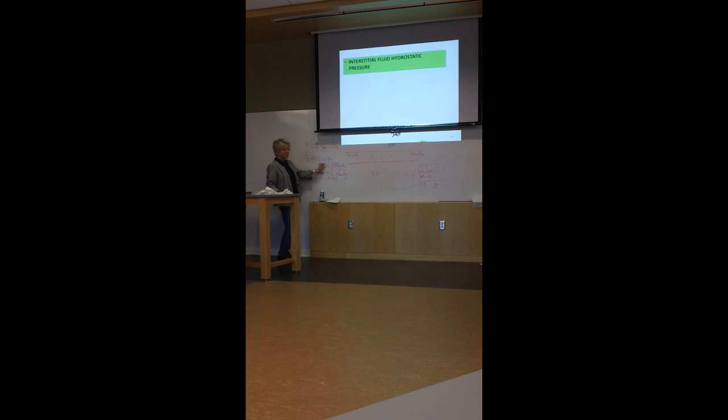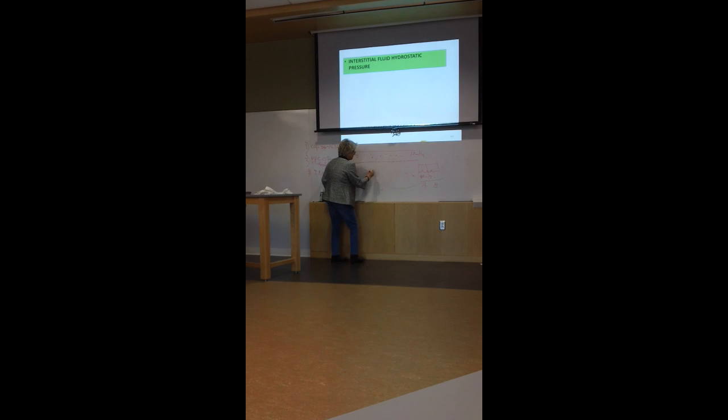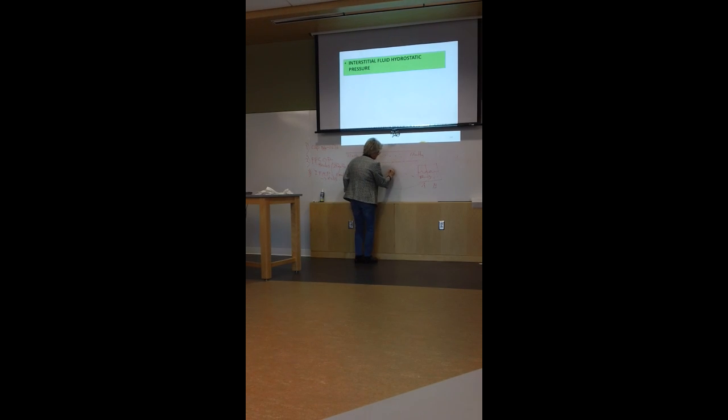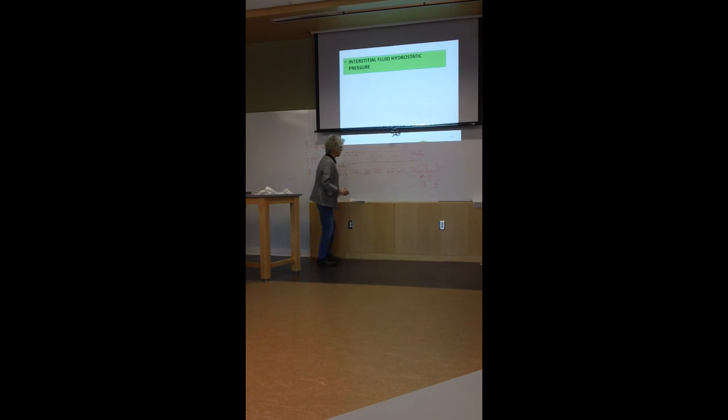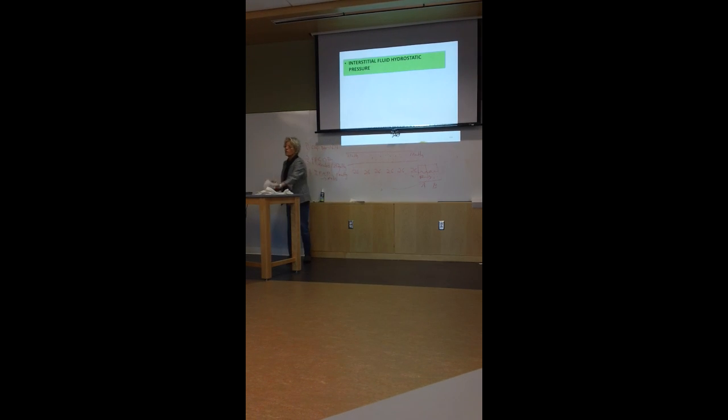Okay, so look at what we have here. We have favoring reabsorption, which is bulk flow in, 25 and 1, so we have 26. That under normal circumstances doesn't change, so let's write a bunch of these 26s here to indicate that. That's favoring bulk flow in, reabsorption.